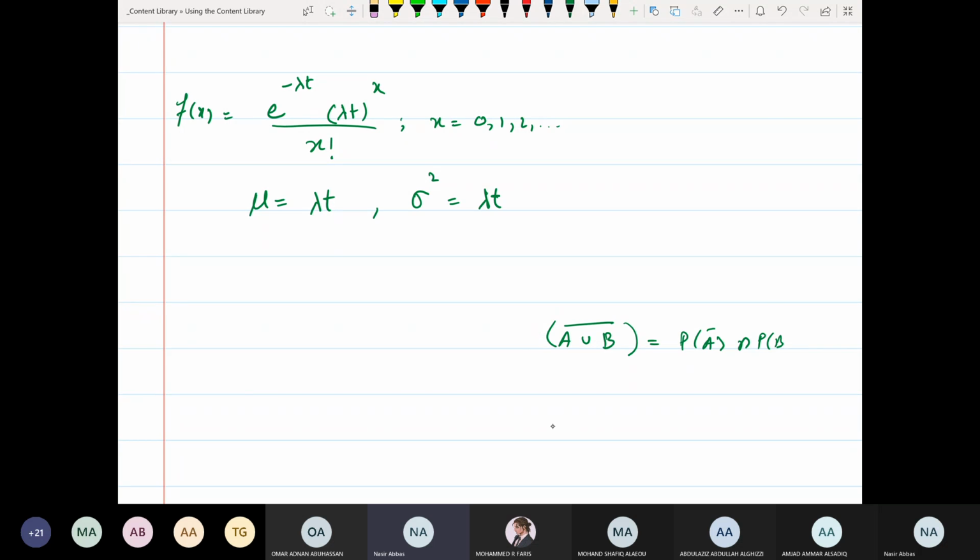Not even probability. A union B whole complement is A complement intersection B complement. This is not given in the formula sheet, but this is the school level thing. This is something very, very basic. So things like this, they are not given. But other than these things, whatever is new in this course, they are all given in the formula sheet. Any other questions?